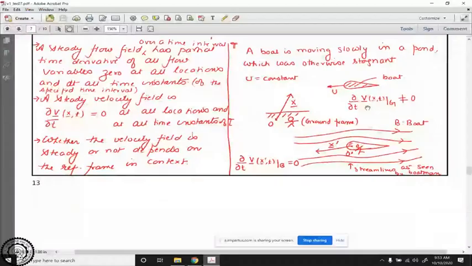You will be tracking v of x comma t, where x is defined from an origin fixed to the ground and points to a particular location, and v(x,t) is the velocity of the fluid particle currently here with respect to the ground. That velocity will keep changing with time as the boat approaches this point. So you keep x the same, and you take this data v(x,t) at different times.